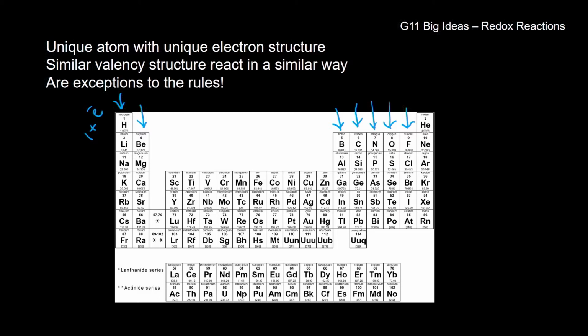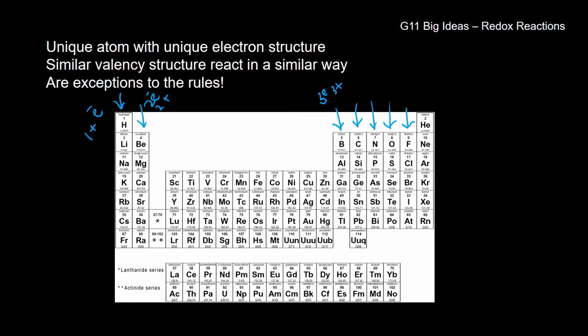Group 2 is going to give 2 electrons away. So all the elements in group 2 will generally give 2 electrons away, and so those ions will become 2 plus ions. We've got group 3, and generally group 3 will give 3 electrons away, and so become a 3 plus ion.